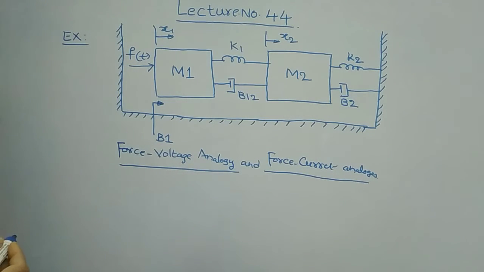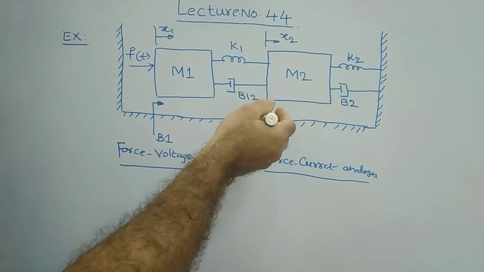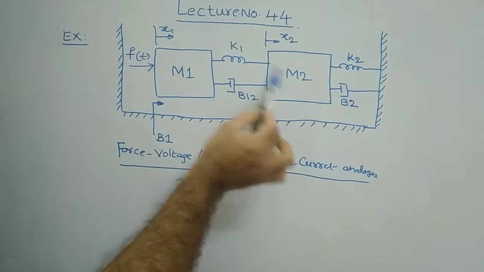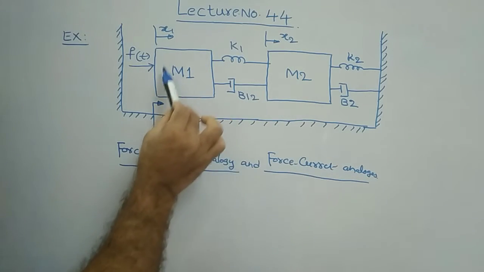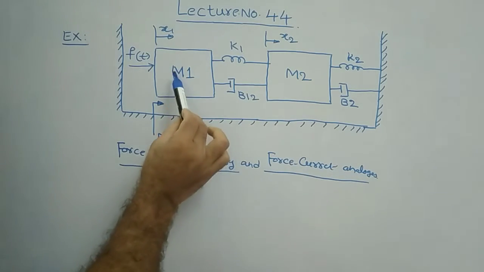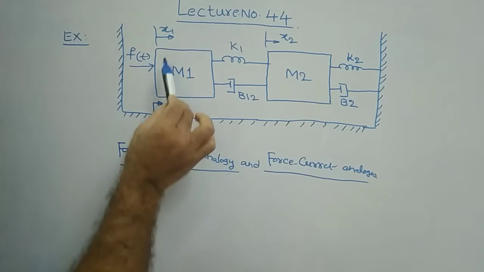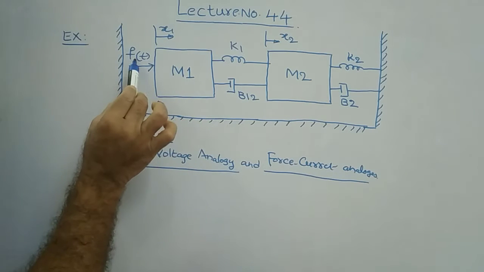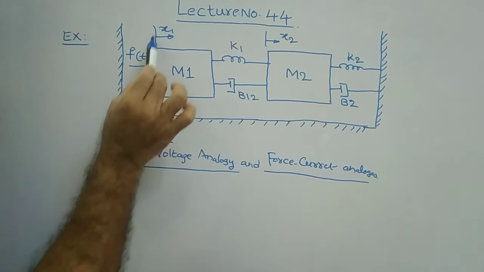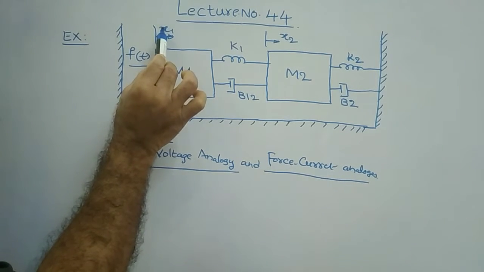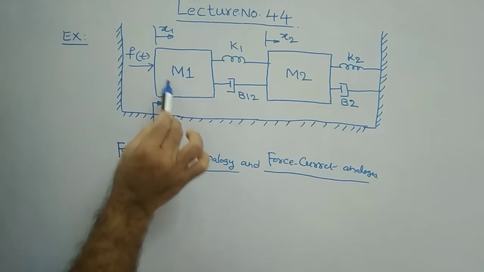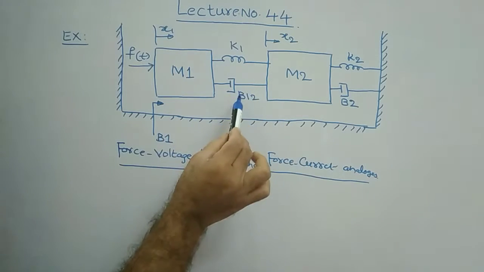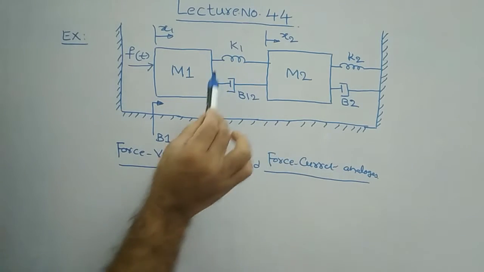So this is the given mechanical translational block diagram, where you have two mass elements, m1 and m2. With respect to m1, what elements are acting on it? The force f of t is applied, x1 is the displacement, b1 is there, k1 is the spring constant between m1 and m2, and b12 is the frictional coefficient between these two.